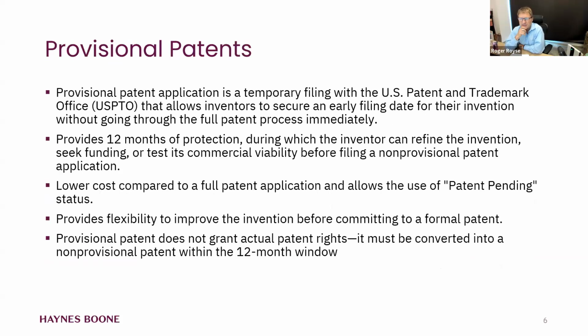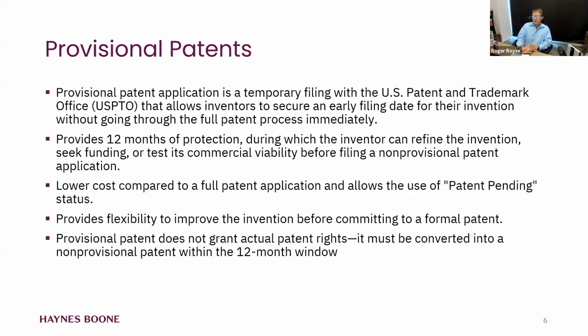Now, patents are very expensive, and a lot of people want to defer that expensive cost of a federal registration. The legal costs are, anyway. So you will oftentimes hear people talk about provisional patents, and that's a temporary filing, 12 months, made with the U.S. Patent and Trademark Office, and that allows the inventor to secure an early filing date.